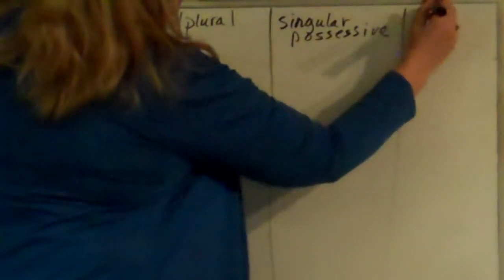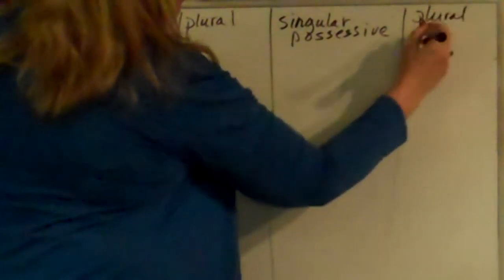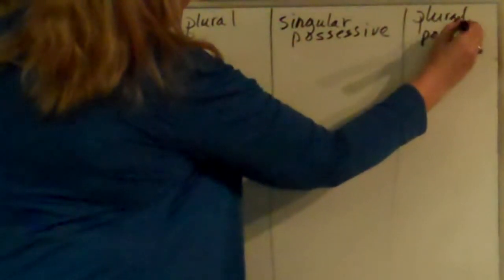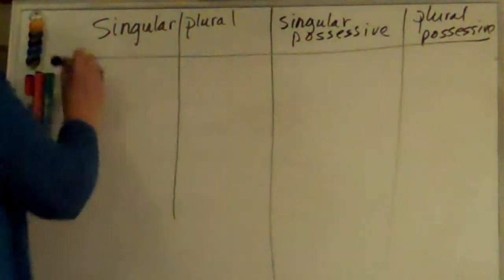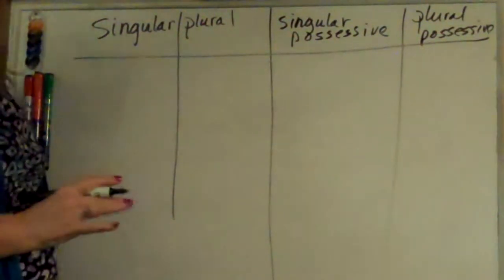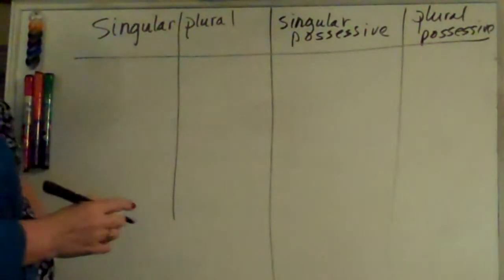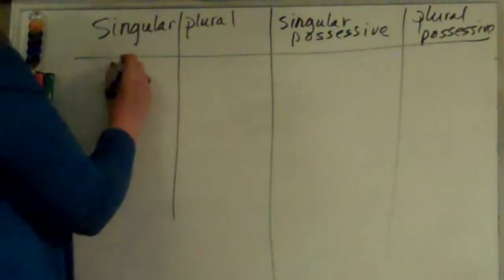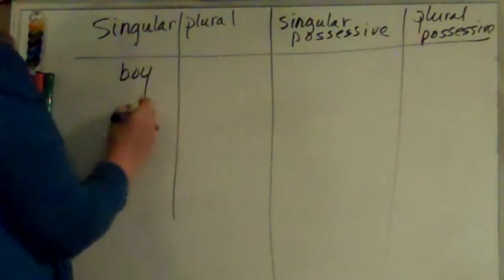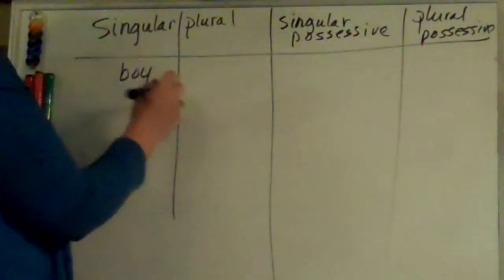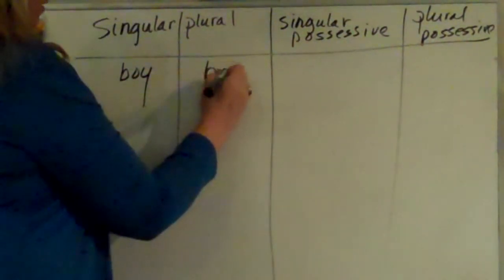And plural possessive. So let's start out with some simple words here and carry them all the way through. So we did boy before, right? So one boy or two boys, right?